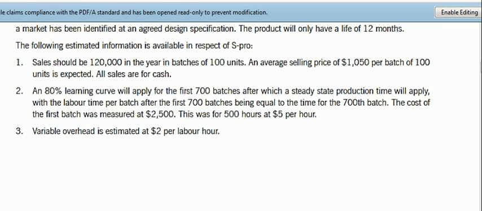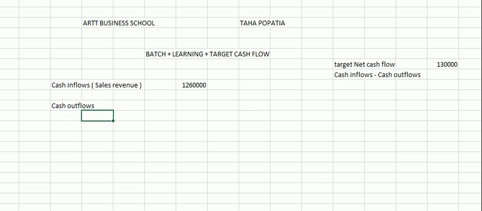In this question, I will not discuss the basics of the learning curve. For the basics, you may refer to my learning curve videos in which I discussed how we compute the values of direct labor cost through learning curve techniques. In this video, I will directly solve the question as per the requirements. Now, to compute the labor cost, what we have to do is to firstly compute the cost of 700 batches.